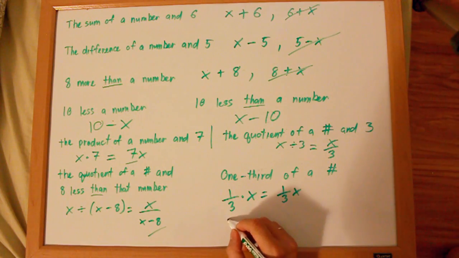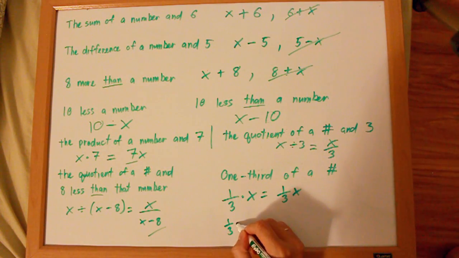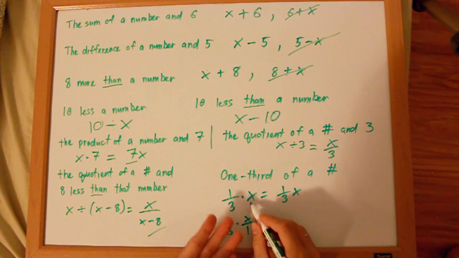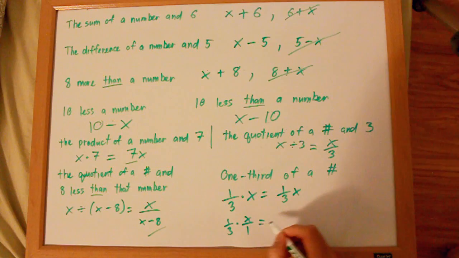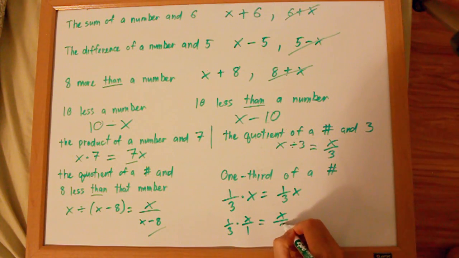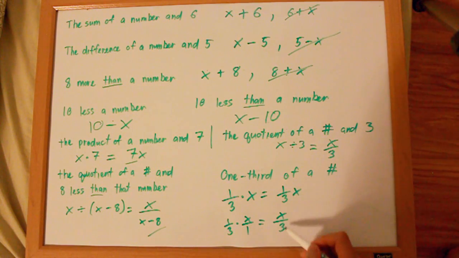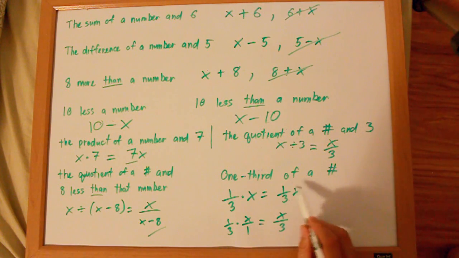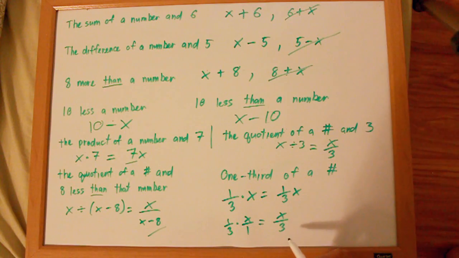You can also do it as 1/3 times x over 1, which gives x over 3. Either one of these is correct. Some might prefer the mixed number way, some might prefer just a fraction way. It depends on the question.